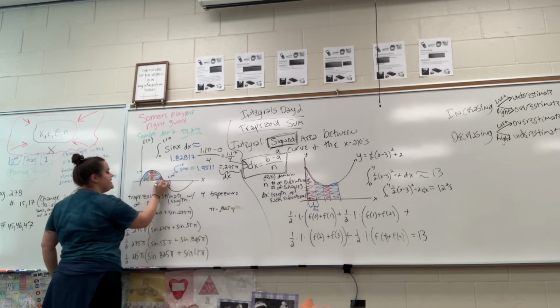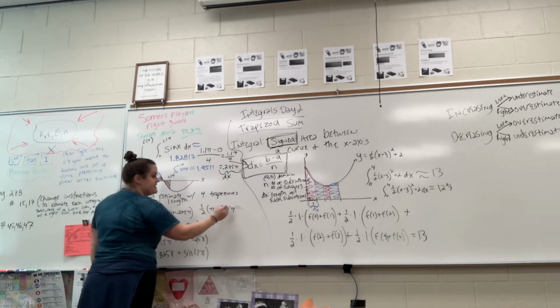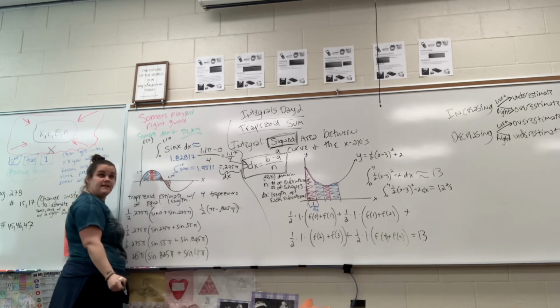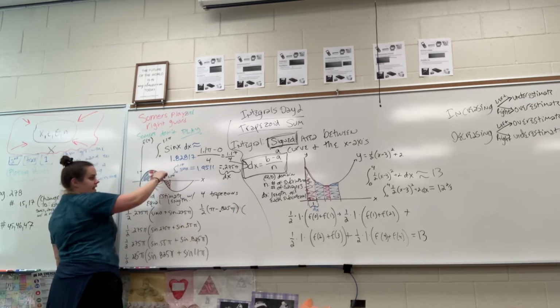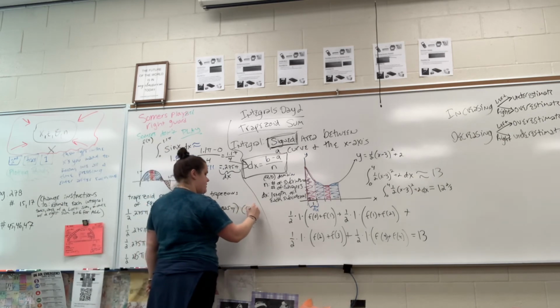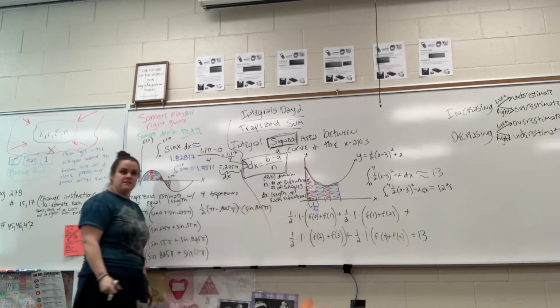That would be this length right here, right? So it would be 1/2 of this base length, and its height is the sine of 0.825 pi. Does that make sense?